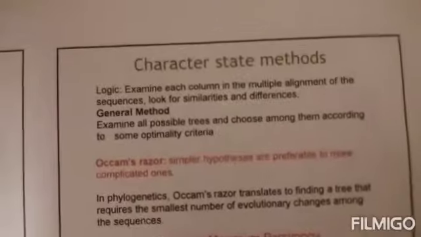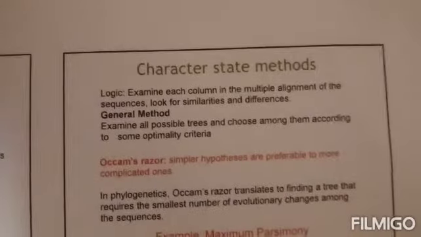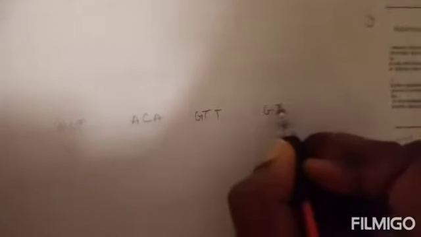So if I want to just give you an example of a maximum parsimony, for example, according to the maximum parsimony, if you're given A, C, A, G, T, T, A, C, T, G, T, A. Suppose these are your 4 sequences.